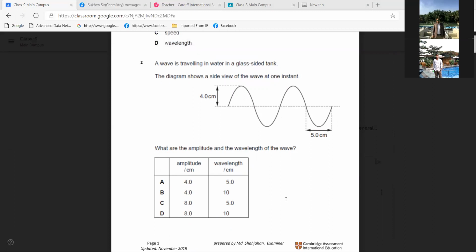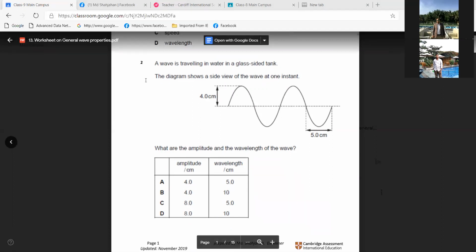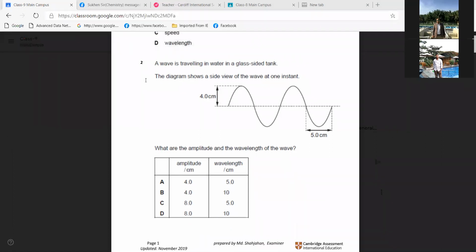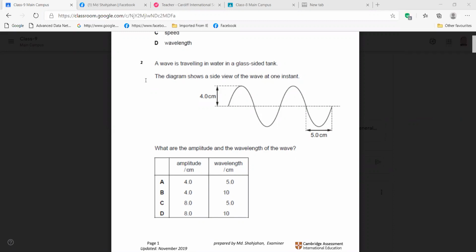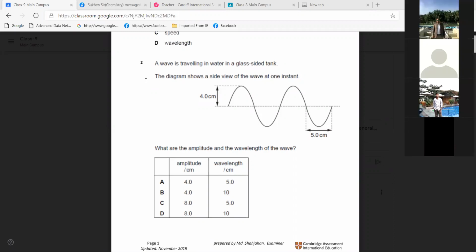can you read question number 2? A wave is traveling in water in a glass tank. The diagram shows a side view of the wave at one instant. What are the amplitude and wavelength of the wave?